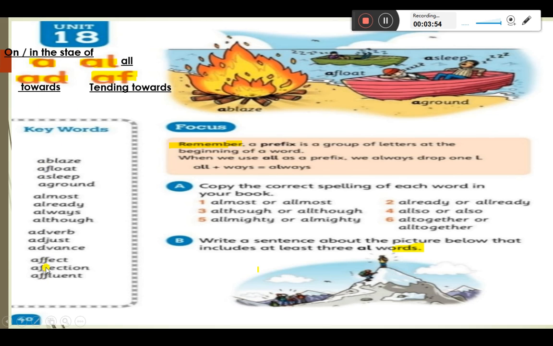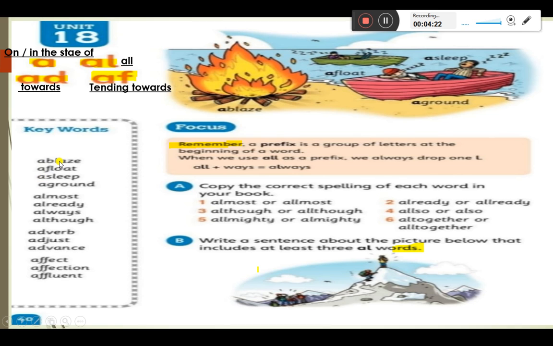But before we start, let me remind you, what do we mean by the word prefix? A prefix is a group of letters at the beginning of a word. So the prefix is a group of letters at the beginning of each word.